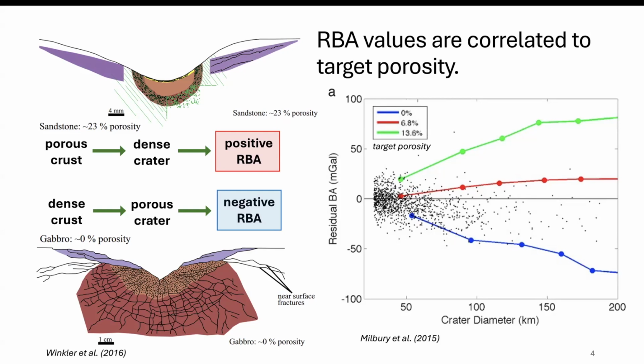In this model, they modeled different final crater porosities in different media. The green and the red have porosity, and this blue line is 0% porosity. So you can see very obviously negative residual Bouguer anomalies for non-porous media and positive trending towards that for more porous media.